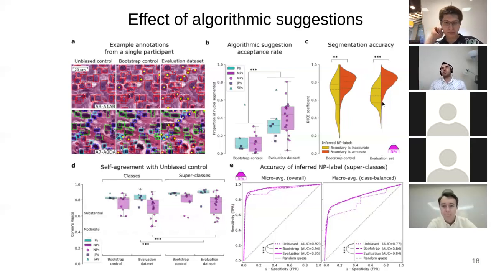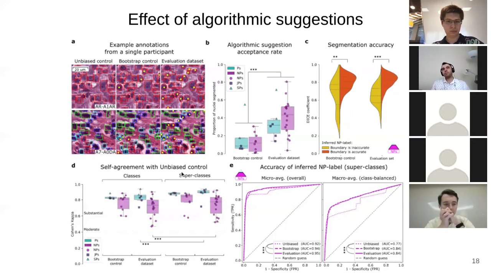What is the accuracy of a boundary that someone clicks compared to the same boundary if someone creates it manually, right? And what you're seeing here is if someone clicks on an algorithmic boundary, it's significantly more accurate than an algorithmic boundary that the person does not click. This is what this is saying here.